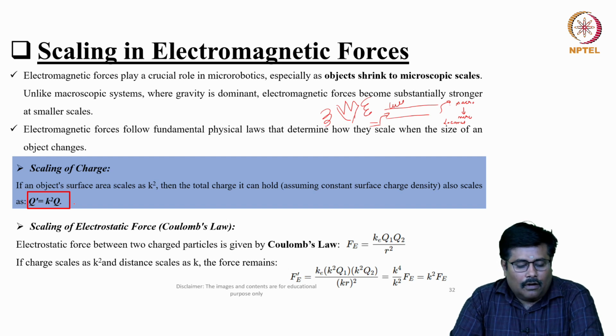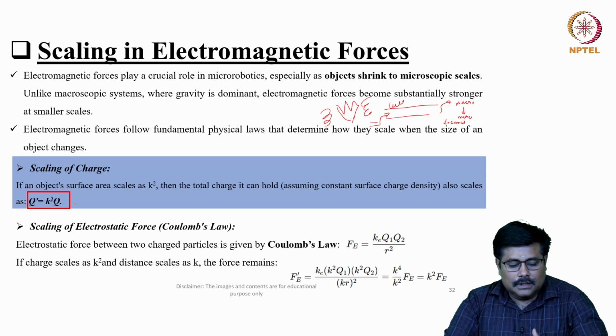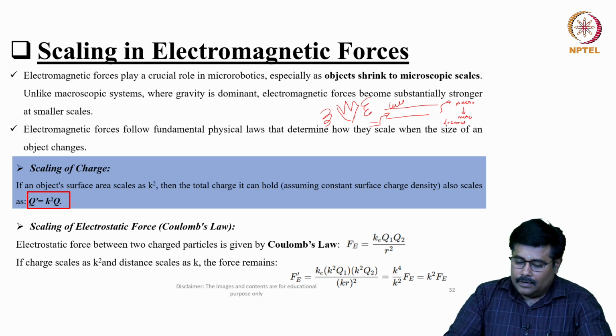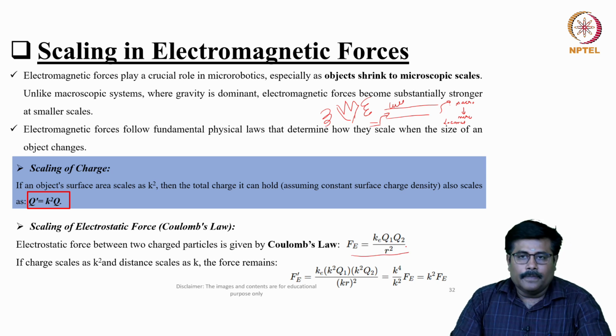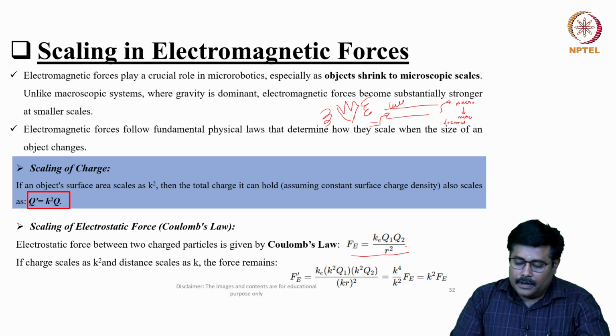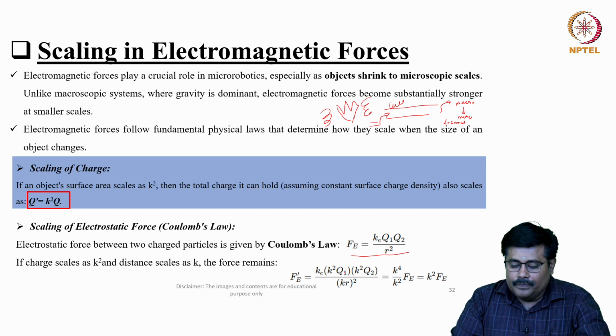The scaling of electrostatic force is given by Coulomb's law: the electrostatic force between two charged particles is F = k q1 q2 / r squared. If the charge scales as k squared and the distance scales as k, the force can be represented as F' = ke (k squared q1)(k squared q2) / (kr) squared.